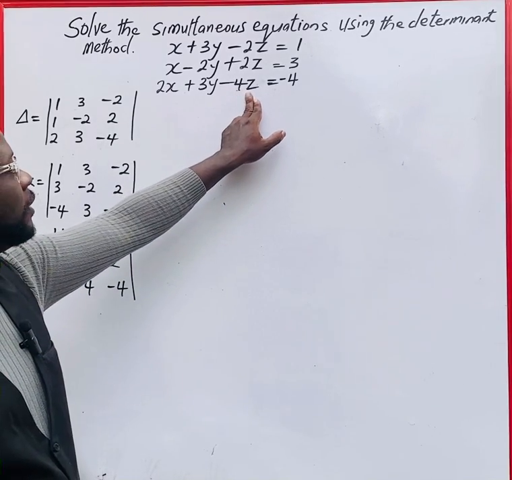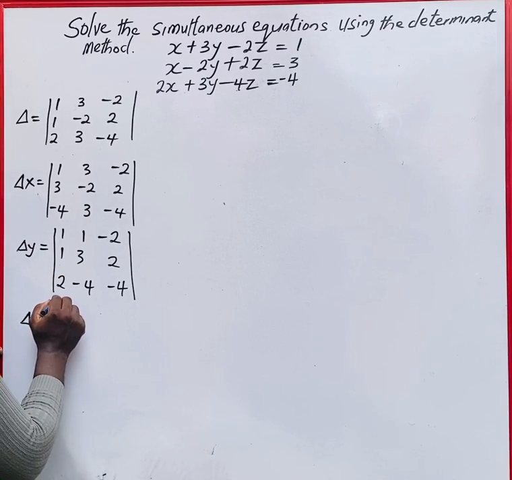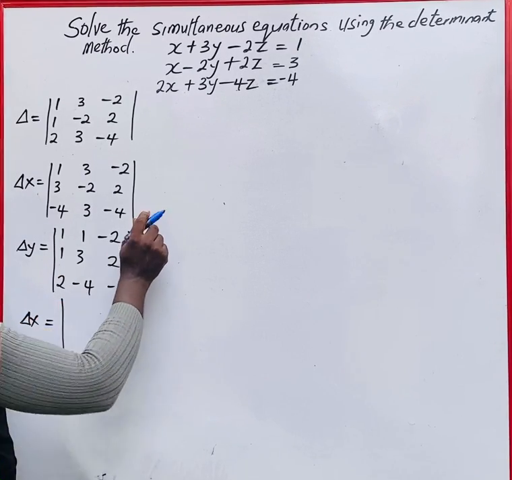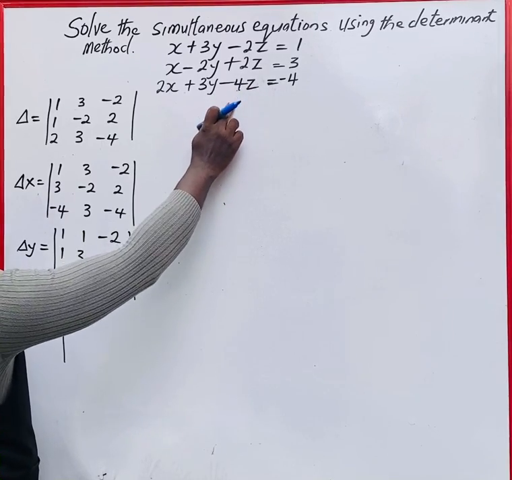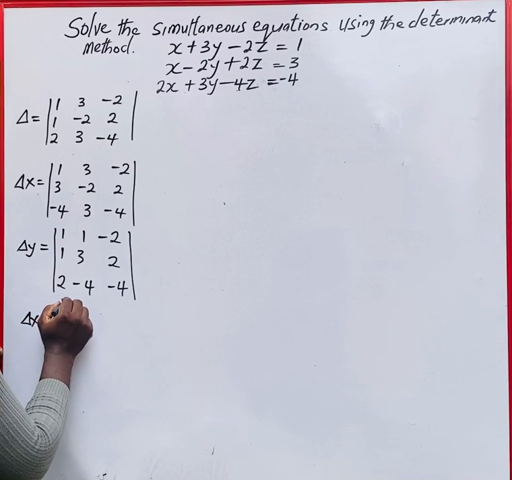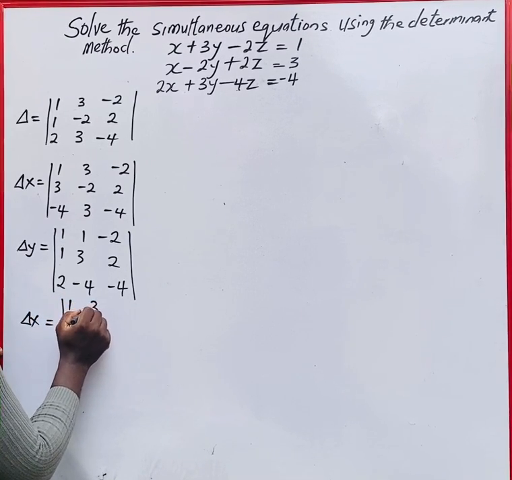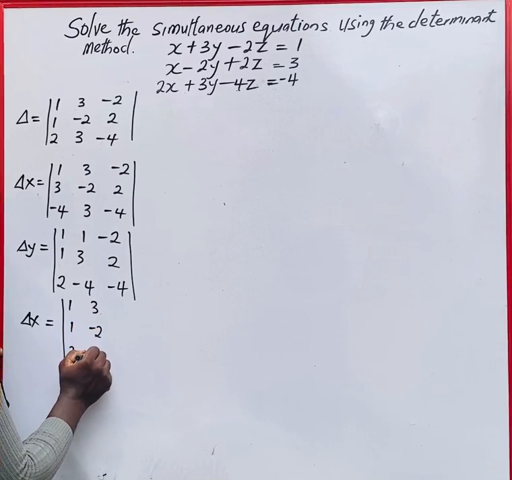So let's go for that of the z. You list them again and replace the coefficients of z by the constants. But first of all, repeat the x: 1, 1, 2. The y is 3, minus 2, 3.